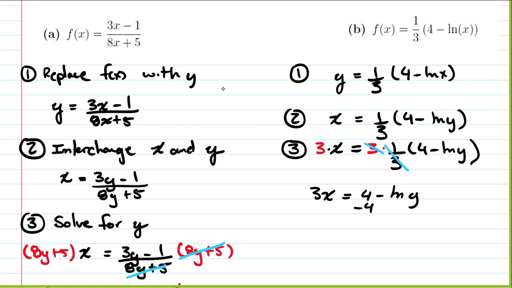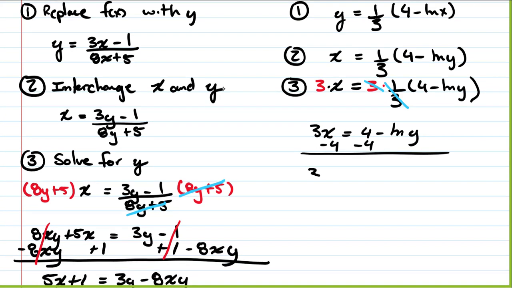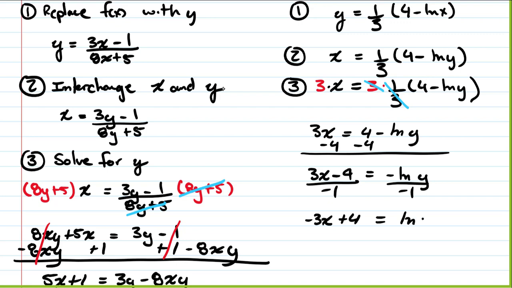y. So we minus 4, we minus 4, and that gives us 3x take away 4 is equal to the negative natural log of y. Divide by minus 1, and divide by minus 1, and that gives us negative 3x plus 4 equals the natural log of y.